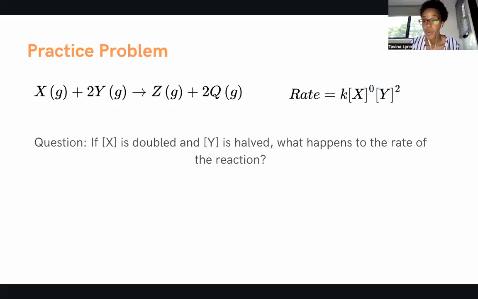Our order with respect to reactant X is 0 order, and our order with respect to reactant Y is 2. So the question asks, if the concentration of X is doubled and the concentration of Y is halved, what happens to the rate of the reaction?